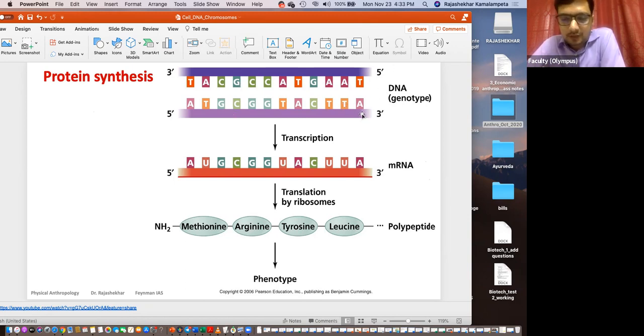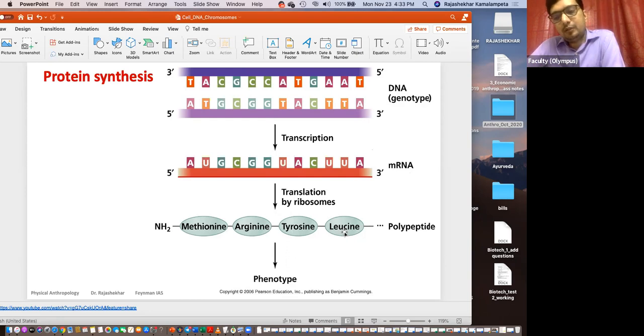A copy of this is made into RNA. This specific RNA, which is acting like a messenger, is called messenger RNA, known as mRNA. M stands for messenger, because it is carrying the message from the nucleus to the cytoplasm.